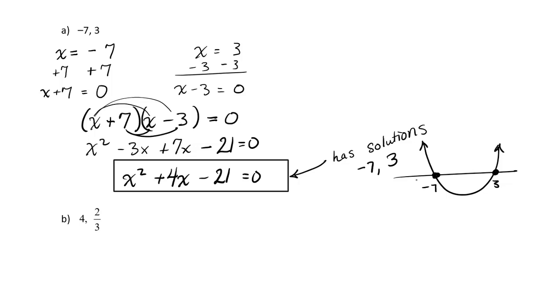So this is basically what we're doing. If we wanted to graph the parabola, we would change this equation to a function, and this would be the function f of x is equal to x squared plus 4x minus 21.